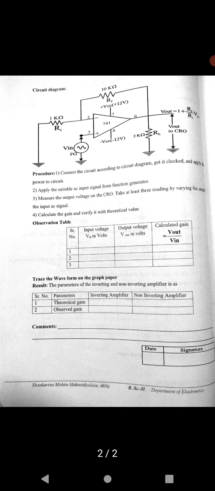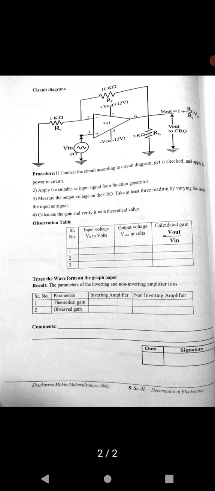Then see the second circuit diagram, which is used as a non-inverting amplifier. Here the input signal is applied to the non-inverting terminal of the operational amplifier, that means pin number 3. The inverting terminal is connected to a 1 kilo ohm resistor, which is connected to ground. For the feedback resistor RF, we apply a 10 kilo ohm resistor between pin 2 and pin 6, and a 2 kilo ohm load resistor is connected from pin 6 to ground.